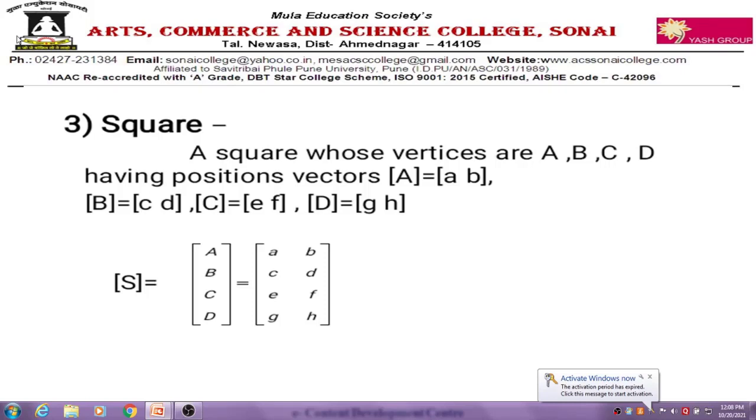The square is represented by S, the matrix with rows [a b], [c d], [e f], [g h]. In this way, we can represent a square in the two-dimensional plane.